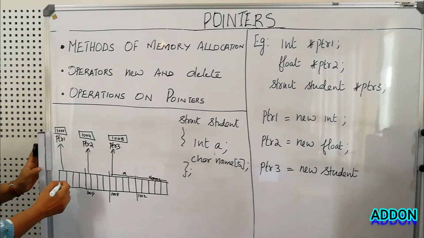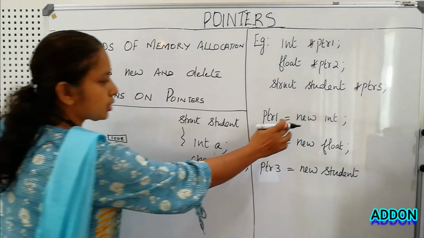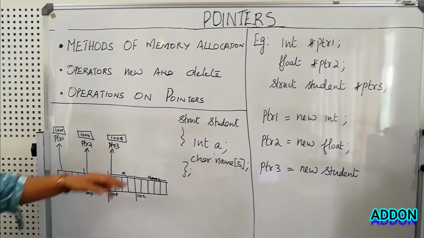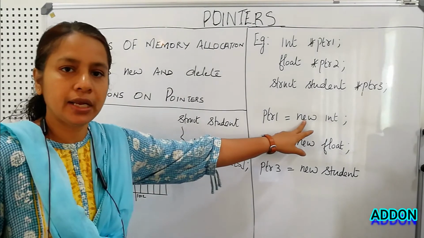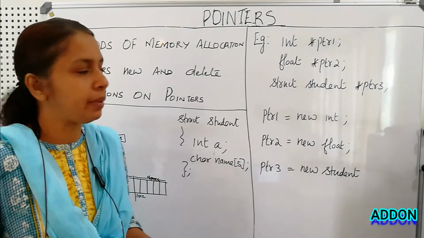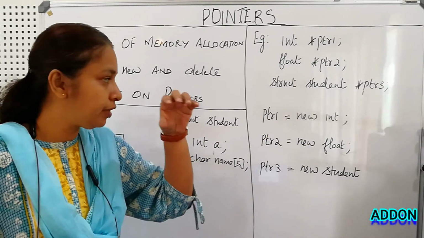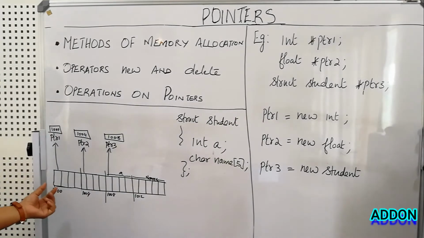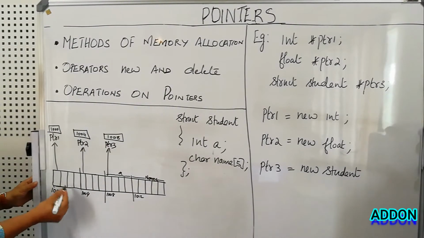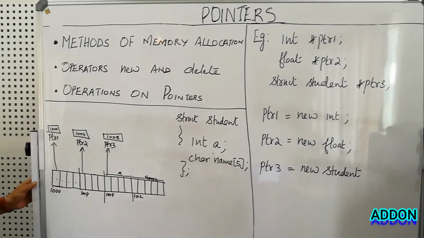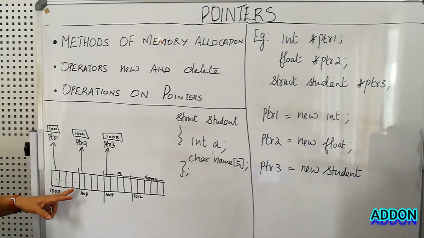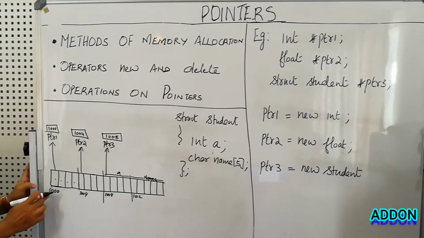Consider the first statement. I have already said the new operator will allocate 4 bytes of memory for storing integer data, and that base address will be given to ptr1. Consider here the 4 bytes 1, 2, 3, 4. 4 bytes of memory will be allocated for the integer type data, and the base address 1000.